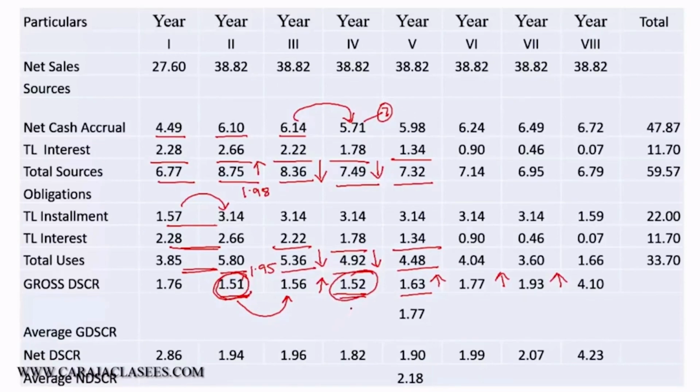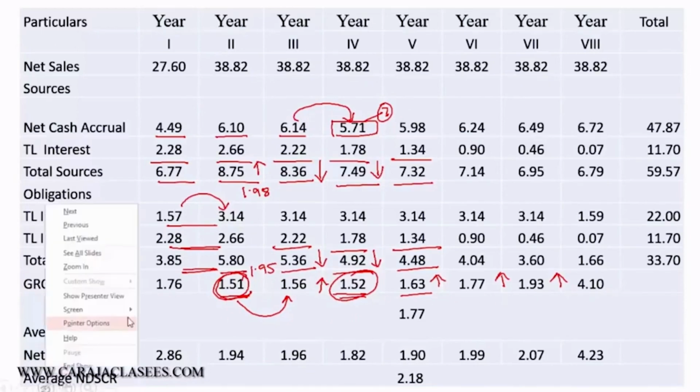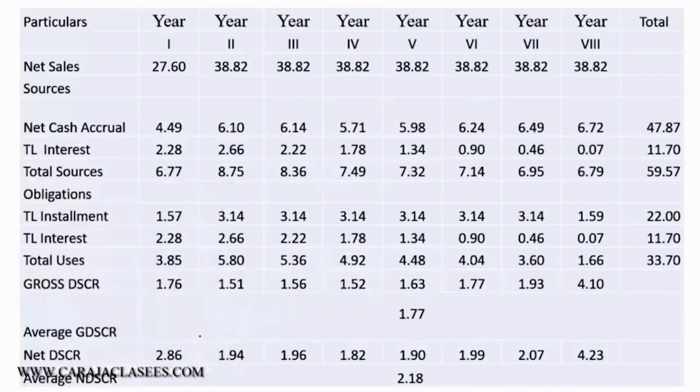Why this net cash accrual is coming down in year 4 has got to be analyzed and brought out in the proposal. Okay, but if you notice, throughout, gross DSCR is maintained above the generally expected level of 1.5.